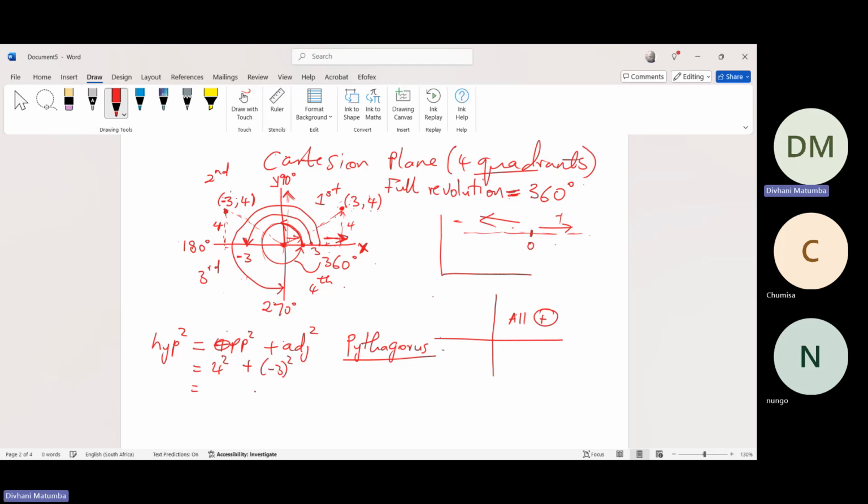So 4 squared plus -3 squared is what? 16 plus 9, which is 25. So the hypotenuse will be equal to the square root of 25. Do you agree?